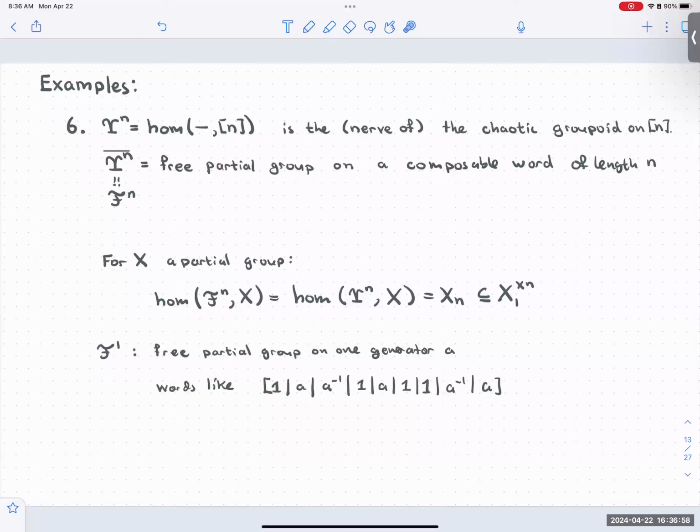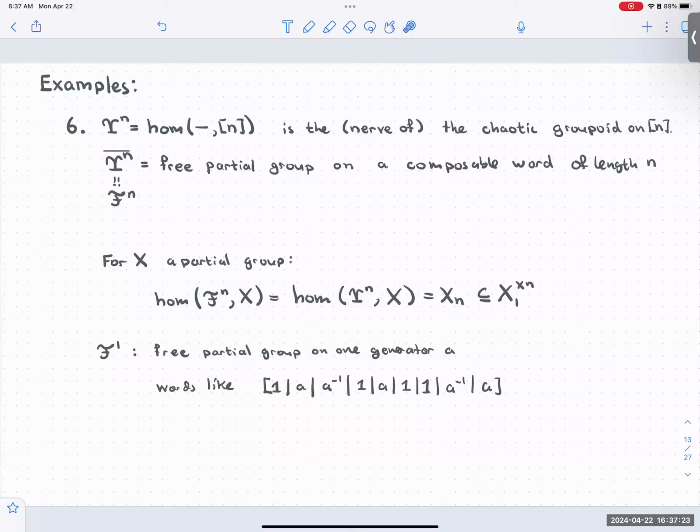So another example, before we get to maybe the more interesting classes. This one's a partial groupoid. Look at the representable functor on bracket n. This is the nerve of a groupoid, namely the chaotic groupoid, where if I give you 2 objects, there's exactly one morphism from one to the other.